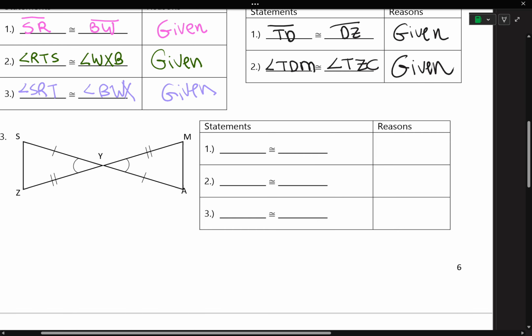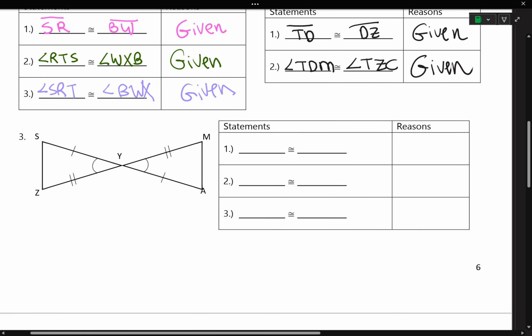Let's try this bottom one. If we were in class, I'd make you do this on your own. So if you're following along, maybe give it a pause, try it out, unpause it, and here I go. I'm going to start with the single tick sides. The triangle on the left, the single tick, I'm going to call it SY.